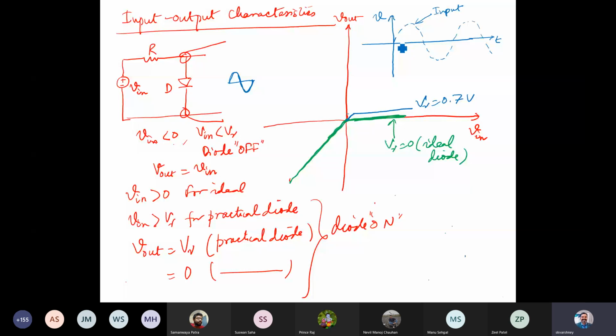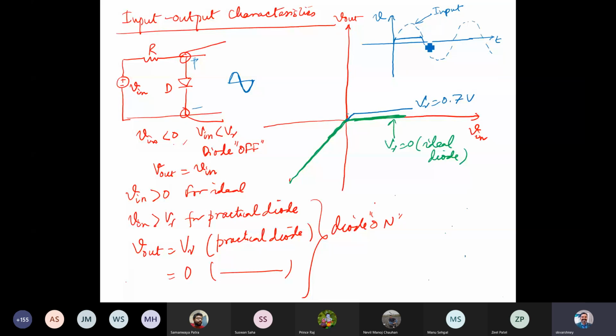So as soon as the input voltage becomes 0.7, the diode conducts, it becomes forward biased because P is connected to the plus terminal and N to the minus. So what you see here is the output, since you are measuring across the diode, like this.